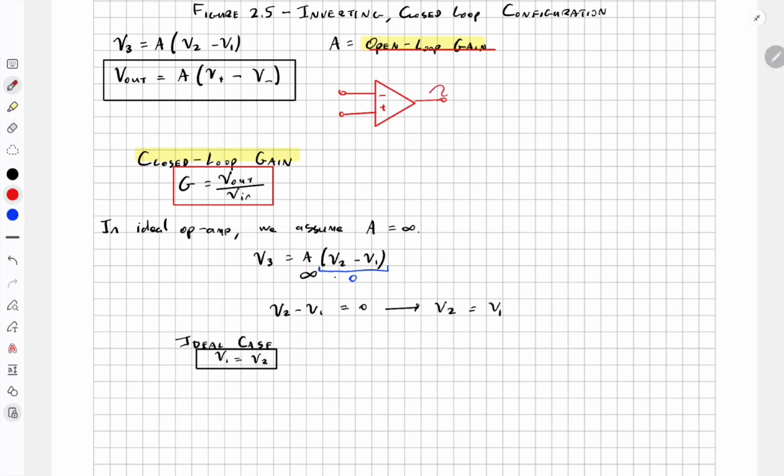An infinite gain means that V2 minus V1 has to equal 0, so that infinity multiplied by 0 gets you a finite number. So due to infinite open loop gain, V minus is equal to the same voltage as V plus. In fact, there is even a name for this. We call this virtual short circuit.